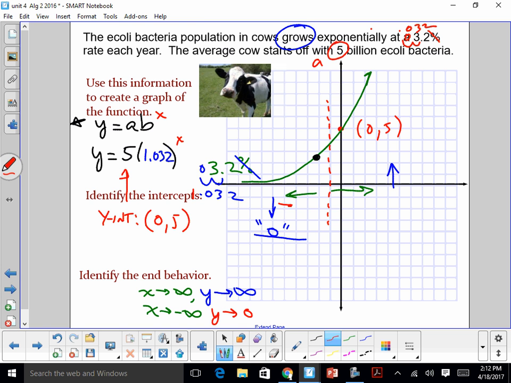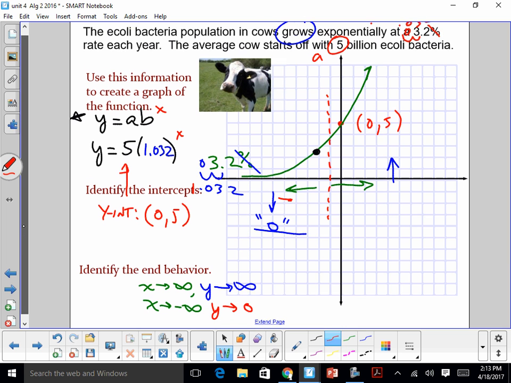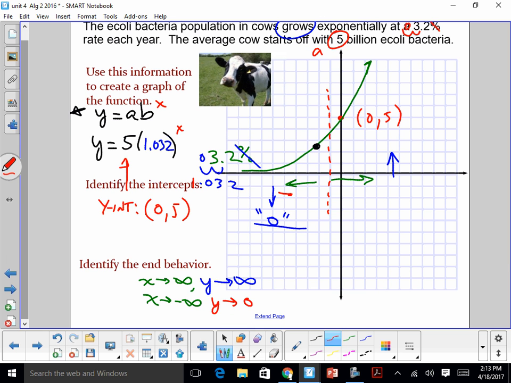So just out loud, what does the y-intercept represent in this problem? Yeah, and that E. coli bacteria is important, because then the y-intercept is always going to be the initial amount, the original amount, in this case, of E. coli bacteria.